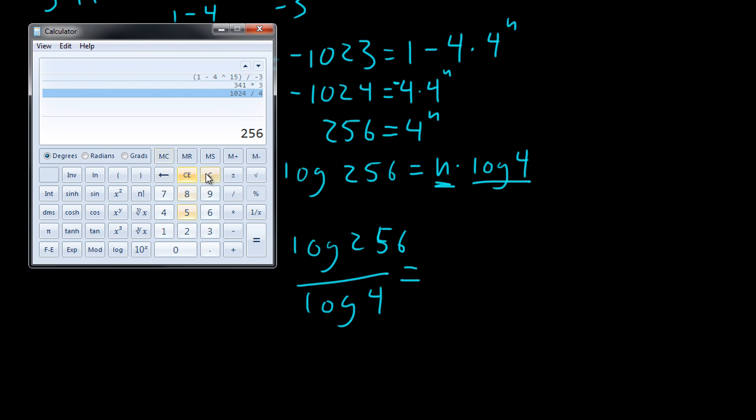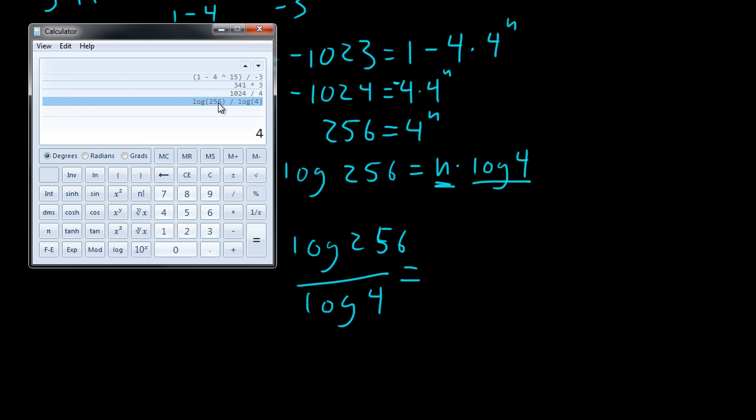So the log of 256 divided by the log of 4 is going to give us 4. So the bases don't matter at all. All it is is a ratio between those two crazy numbers.